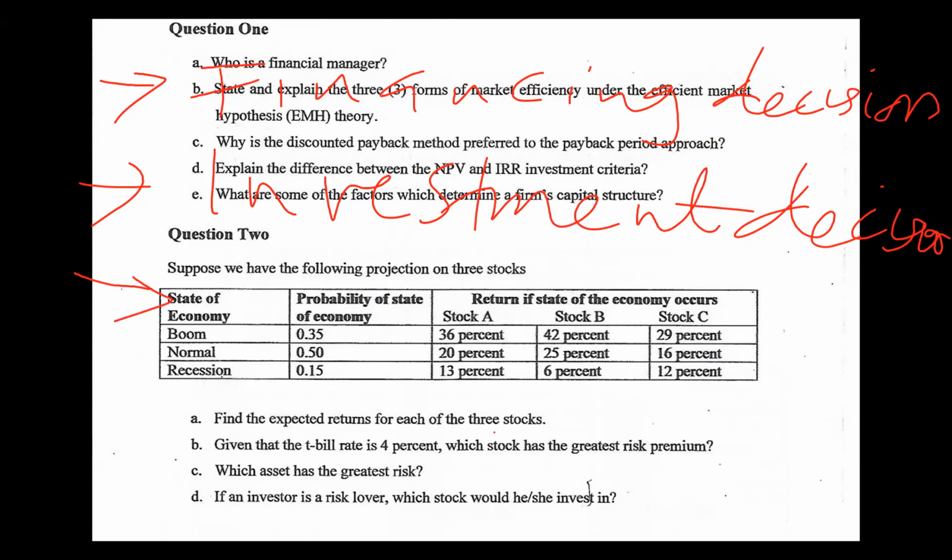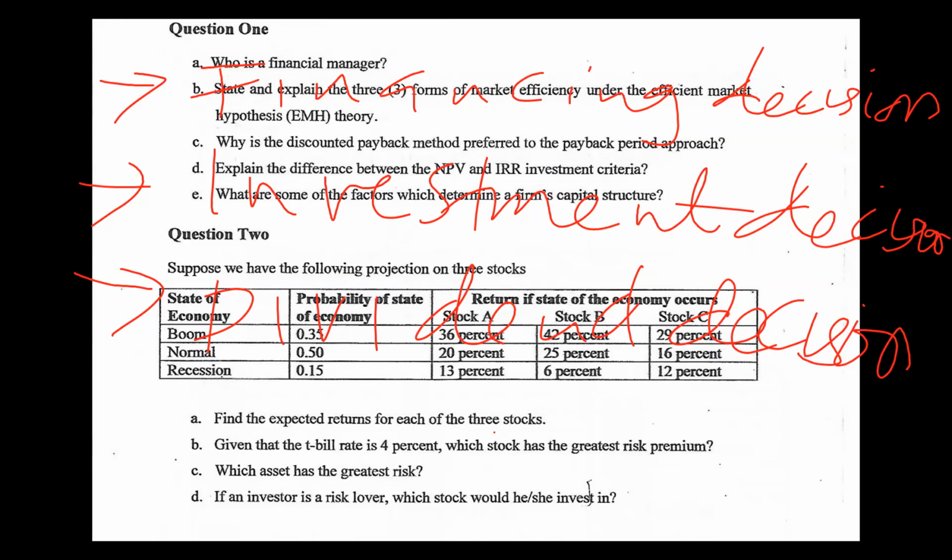Then they also make what are known as dividend decisions, right? The dividend. Now, when it comes to the dividend decisions, they decide how much of the profit should be declared as what? As dividend, or how much of the profit should be kept in the business as the retained earning.